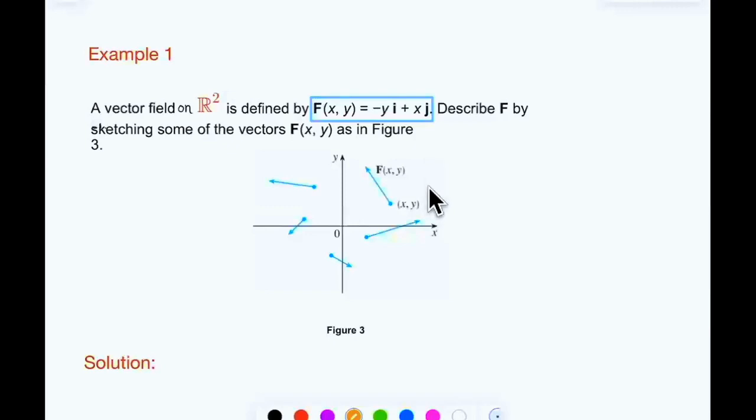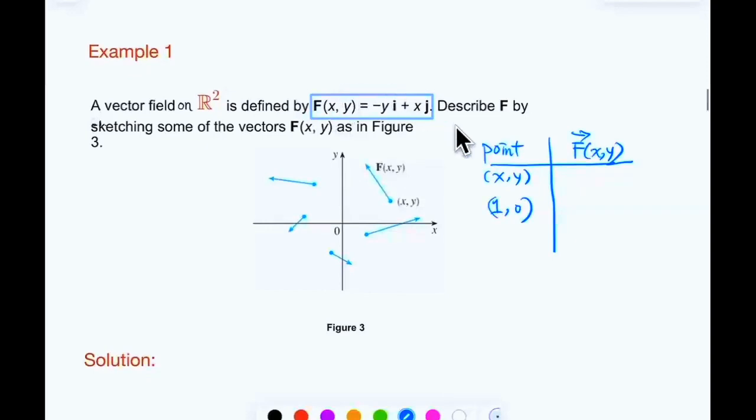Any idea? You can just make a table and put in the x and y, and then you will get the vector. For example, I can make a table, and then I have the vector. Think about the point (1, 0).